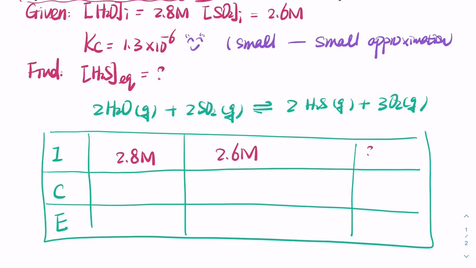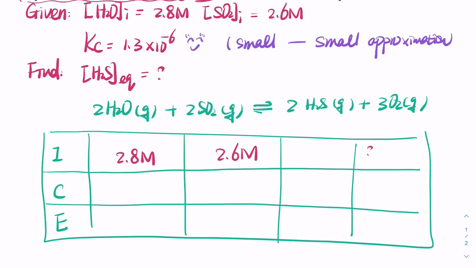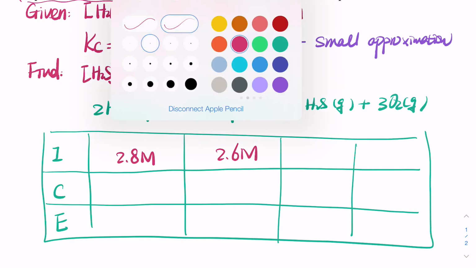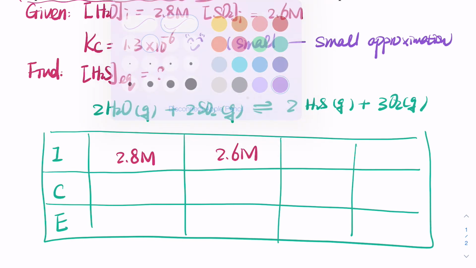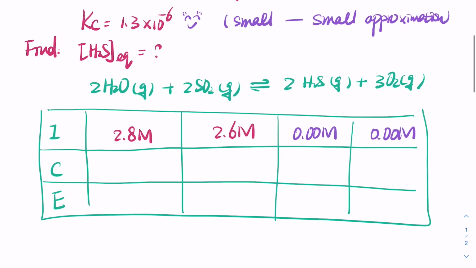That means these two are 0, so initially you don't have any of those. Now from this point we're supposed to use the given information and solve for it.